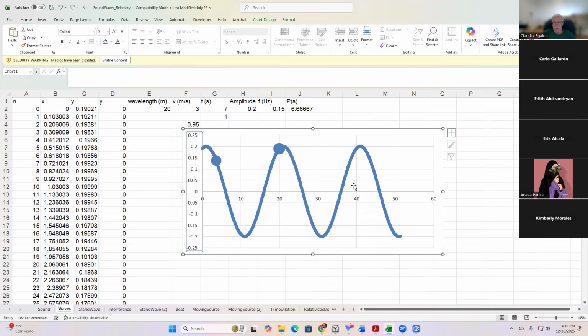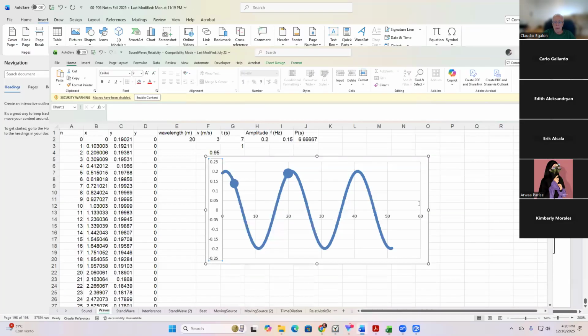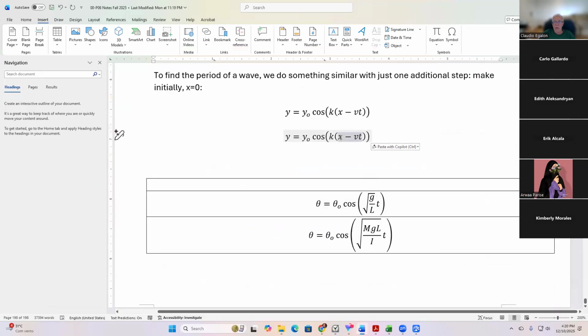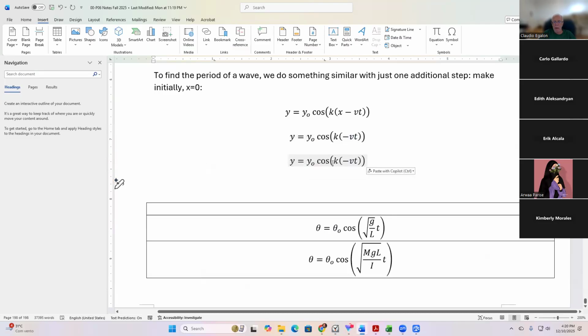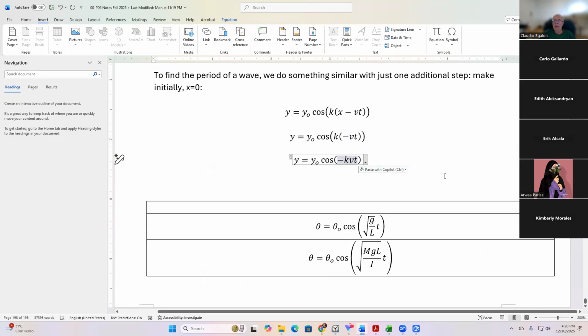We could have chosen this one here, or this one here, or even this one here, but it's much easier mathematically to choose this one at x equal to 0. At x equal to 0, we have this relation: minus kVt.